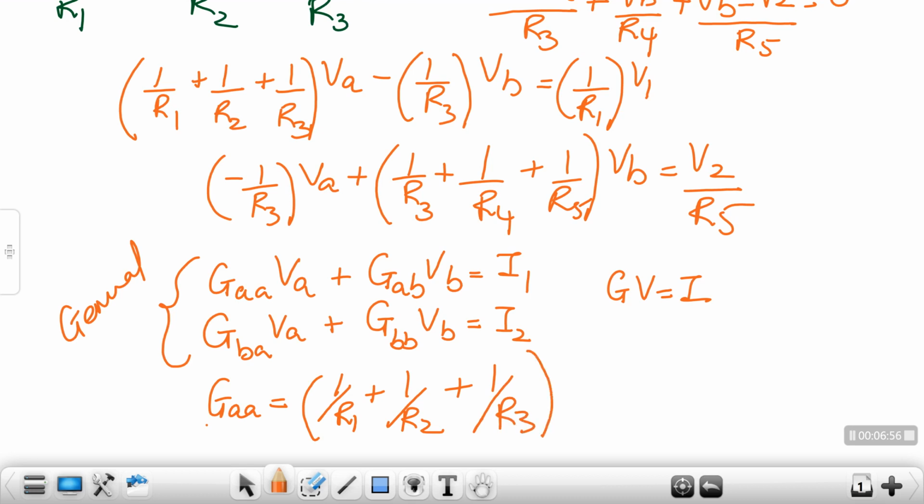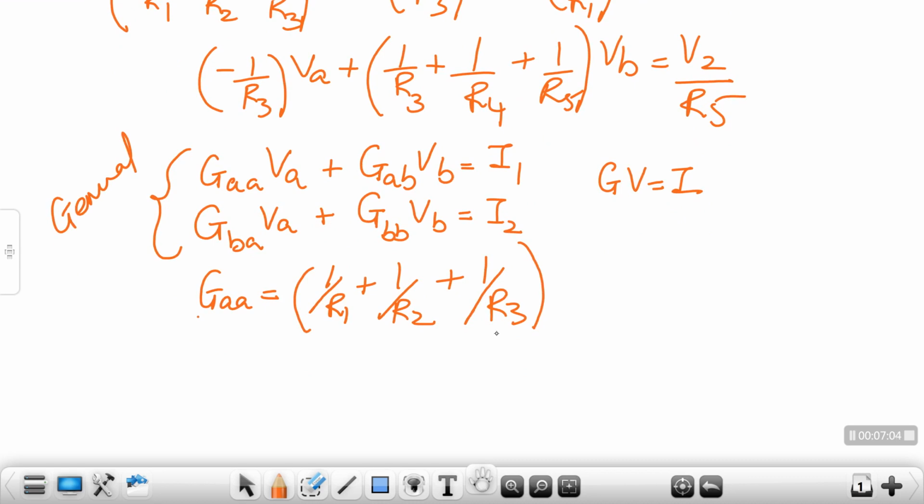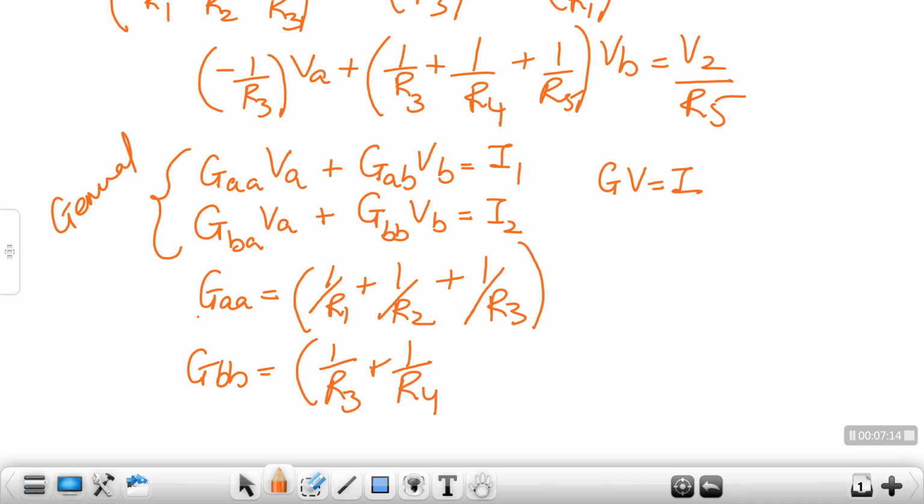That is the sum of all the conductances connected to node A. GBB is 1 upon R3 plus 1 upon R4 plus 1 upon R5, and GAB, that is your mutual conductance, is given as minus 1 by R3.